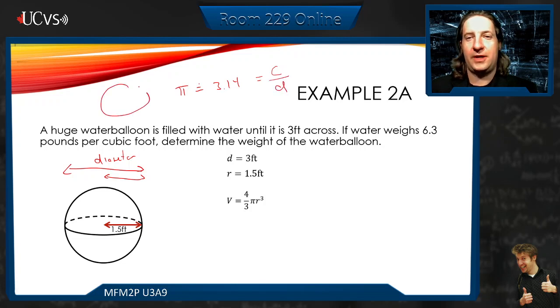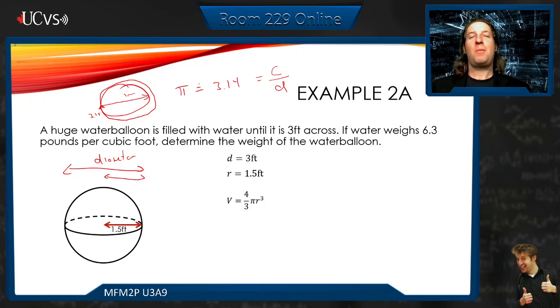Another way you can think about it is, if I have a circle and I want to walk across it and it's 1 meter across, that means I need to walk all the way around the circumference of the circle, which is going to be 3.14, or pi, meters all around.